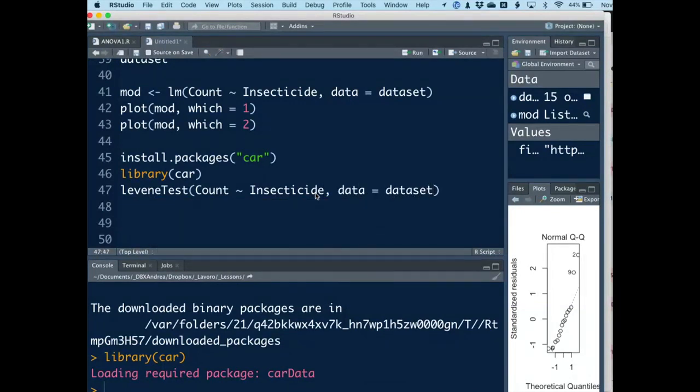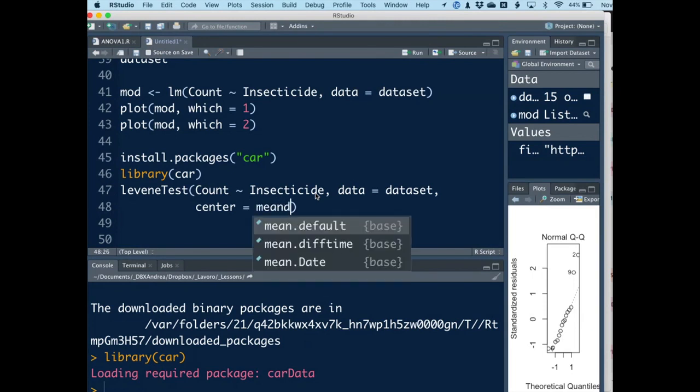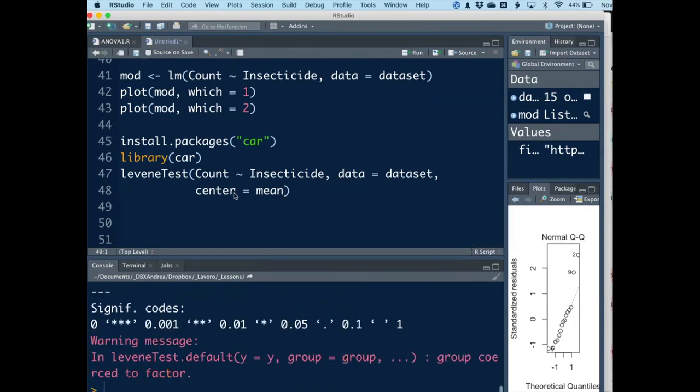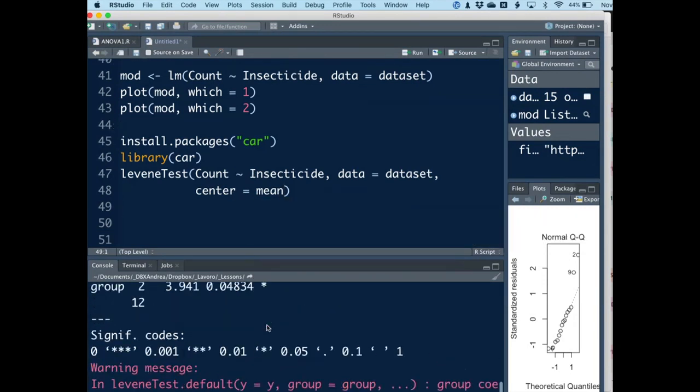Now we can make the Levene test with respect to the mean or with respect to the median. We select the mean. Perhaps it is not the most correct decision, but it doesn't matter much at this stage. And here we go.